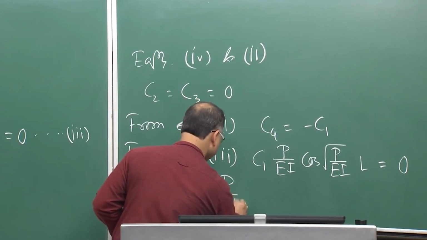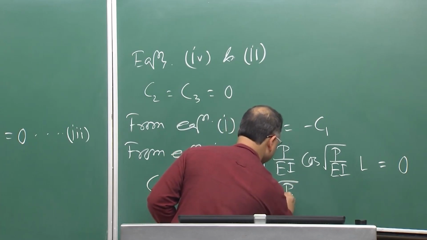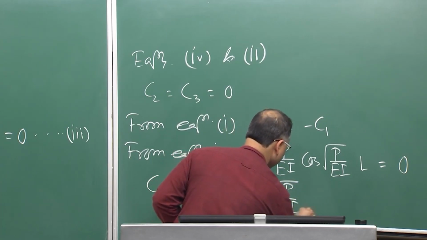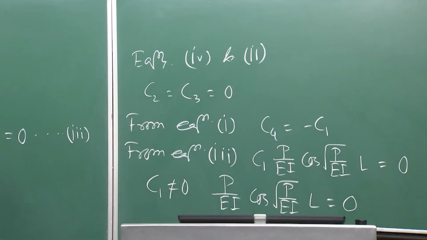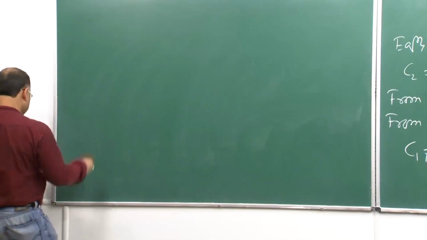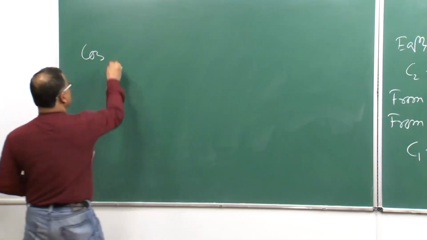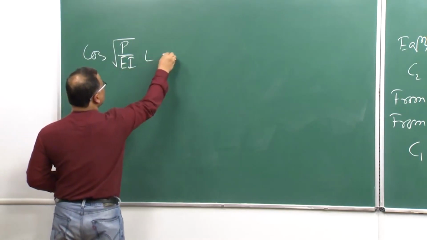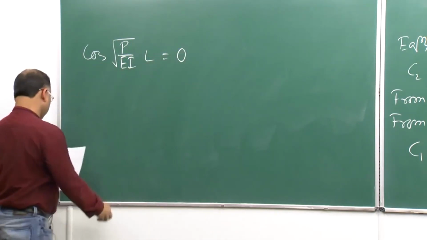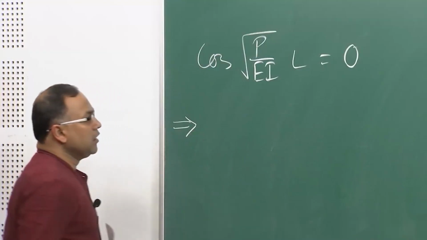So, root over P by EI cos root over P by EI into L must be 0. Then from this we can write cos root over P by EI into L equal to 0.